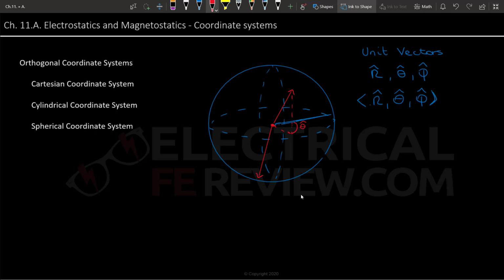And finally, the phi is going to represent the angle according to the other circle I've drawn here. So we are going to put in a reference right here, for example. So it goes until that circle, because, well, this is not perfectly drawn, but that's going to be our reference.